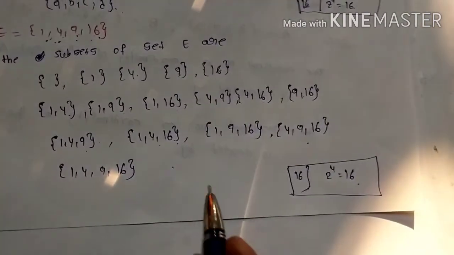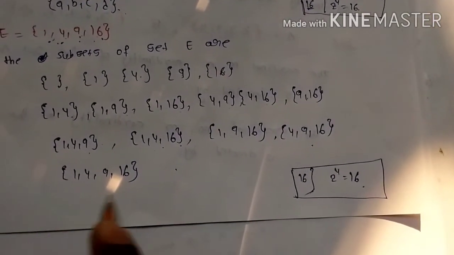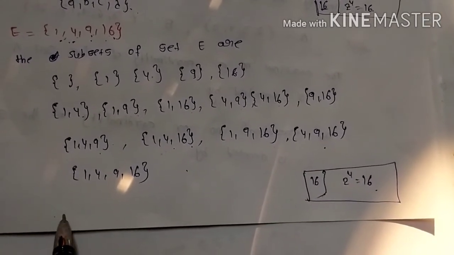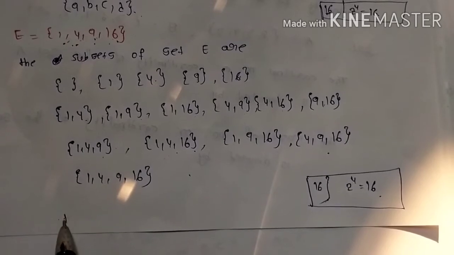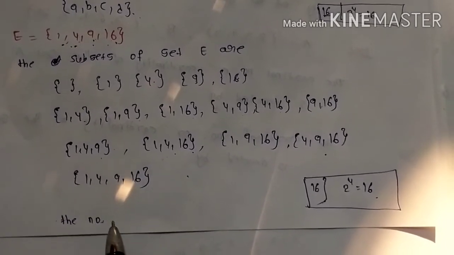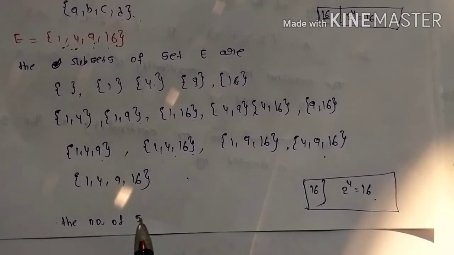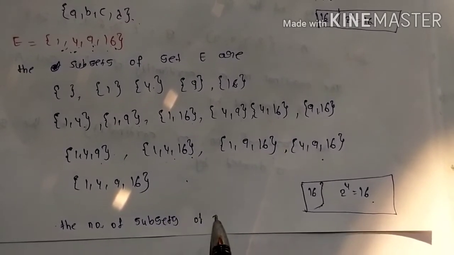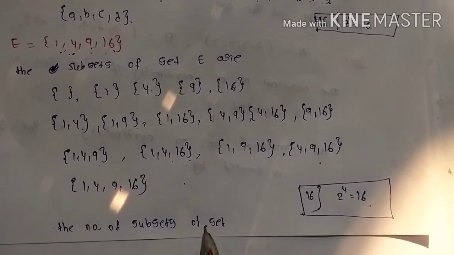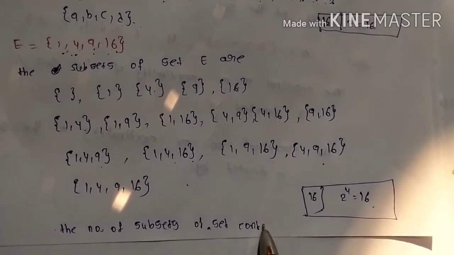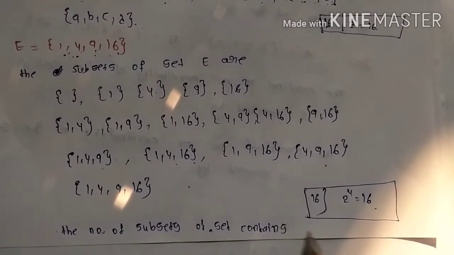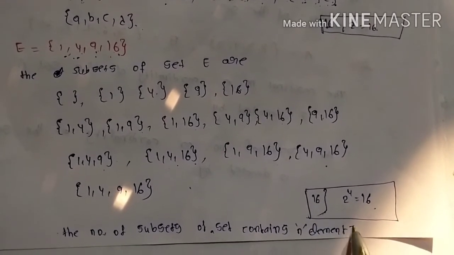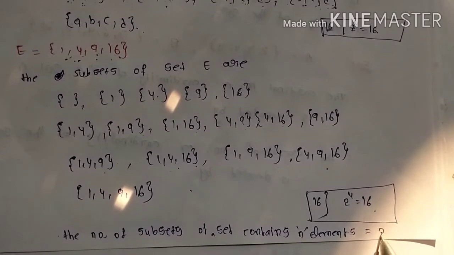Once again I am saying, if there are n elements, the number of subsets of a set containing n elements is 2 power n.